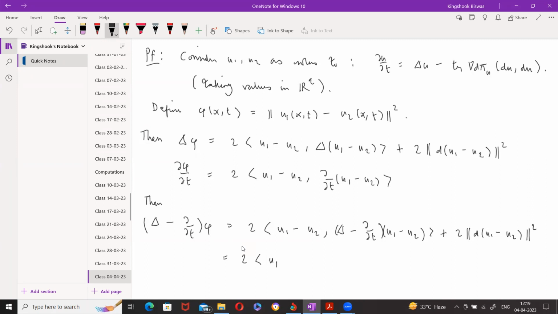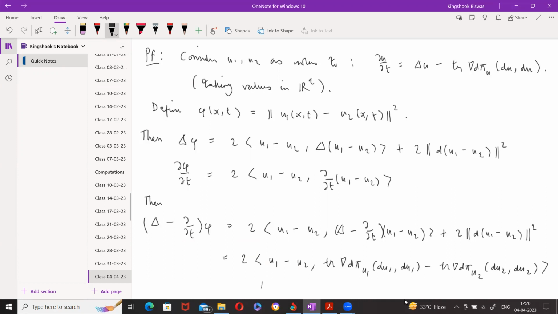So this is going to be u1 minus u2, and then I'll have a trace of nabla d pi at u1 acting on du1 du1 minus trace of nabla d pi at u2 acting on du2 du2, right?